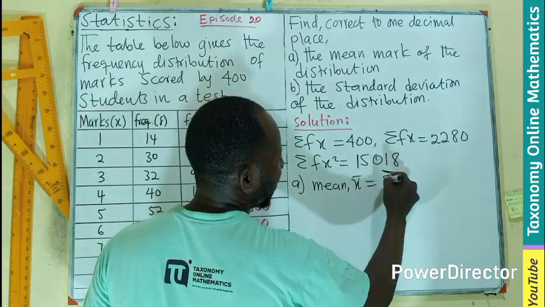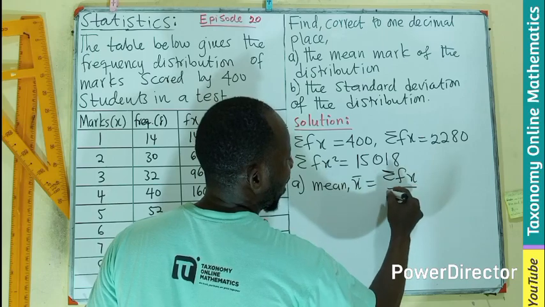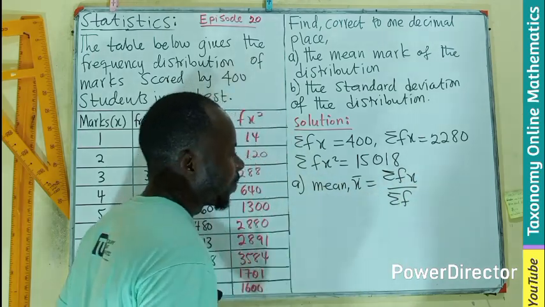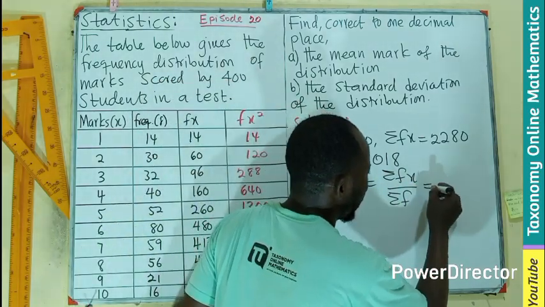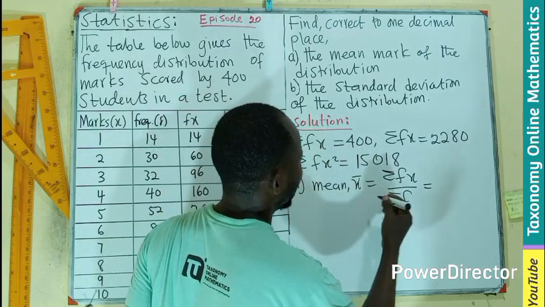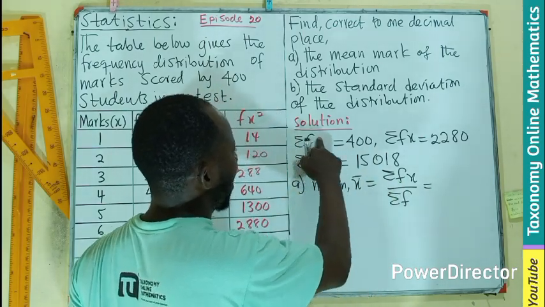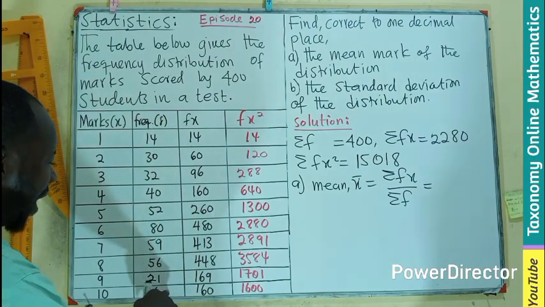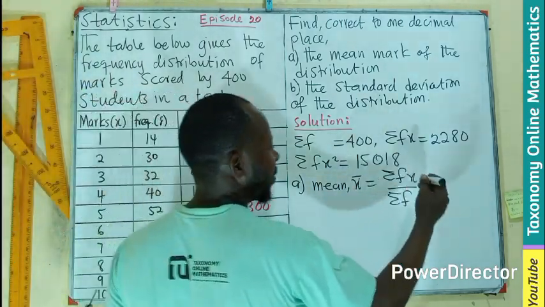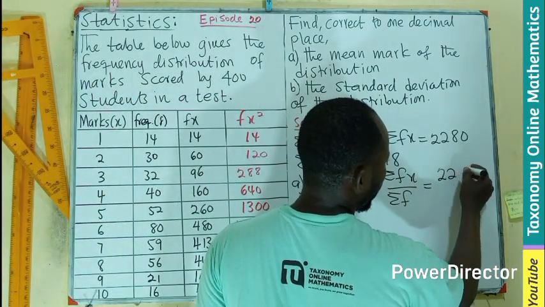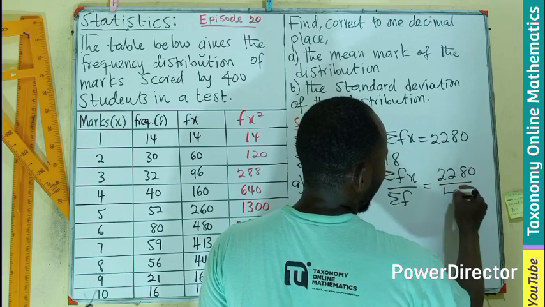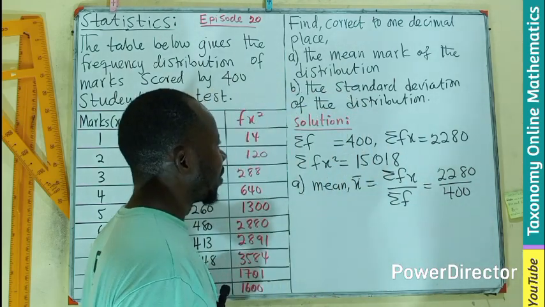Now that we have these figures, we can go to question 1, which is the mean. The mean is given by sigma fx over sigma f. So in this case, what value do we have for fx? No, this one is sigma f. The sigma fx is 2280 divided by what? 400.